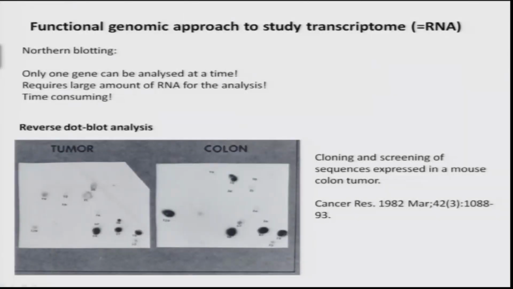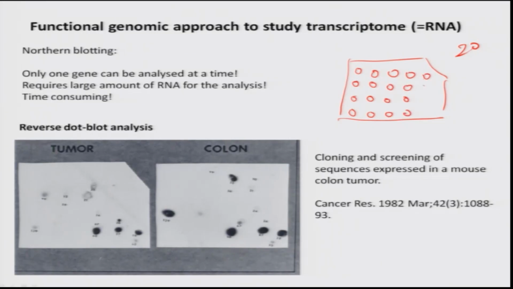What you are seeing here is nothing but a membrane, the same nitrocellulose membrane. Suppose I have looked at 20 genes and I want to look at their expression profile. I denature the DNA, make it single stranded, and spot it like this. Each spot represents a given gene, and all you have is a single stranded complementary sequence of the RNA that you expect to be expressed.